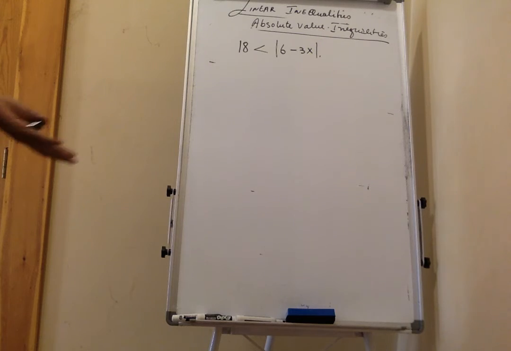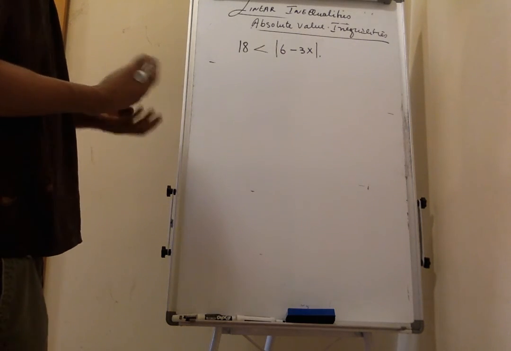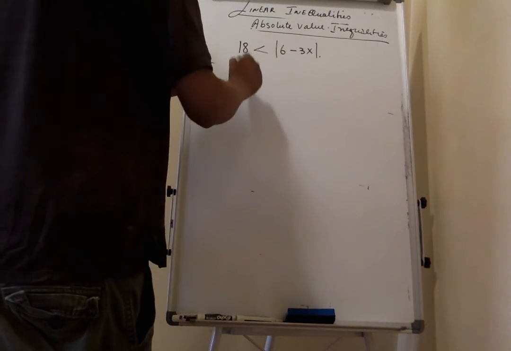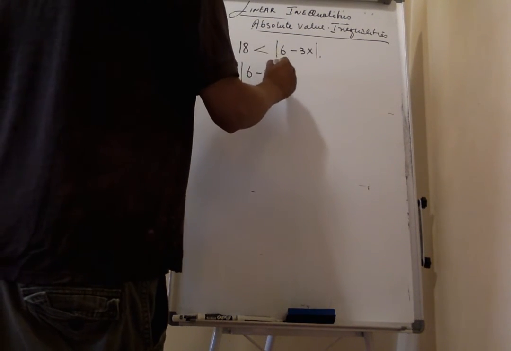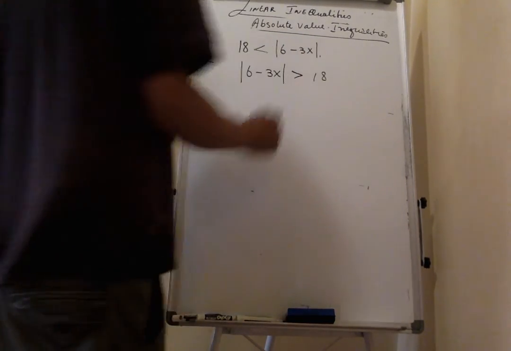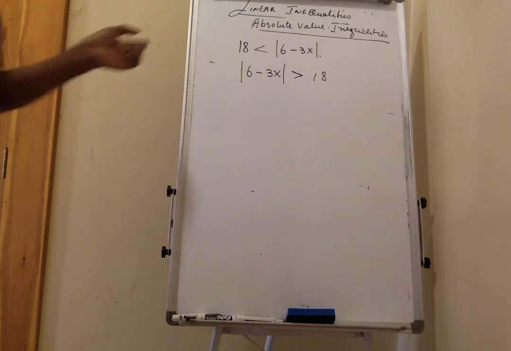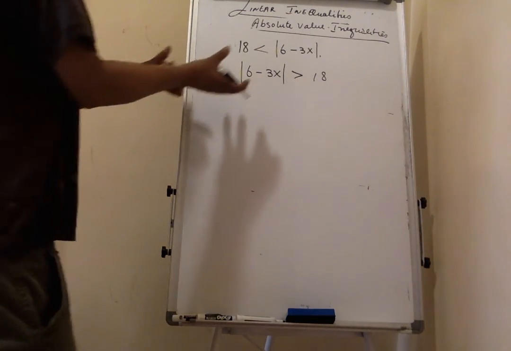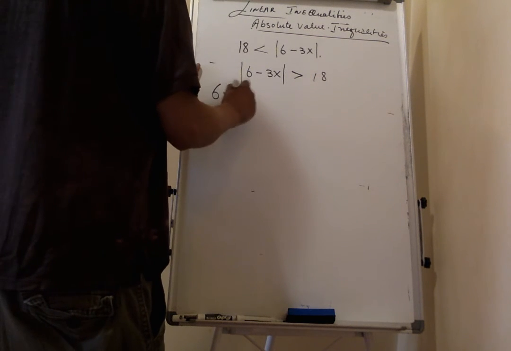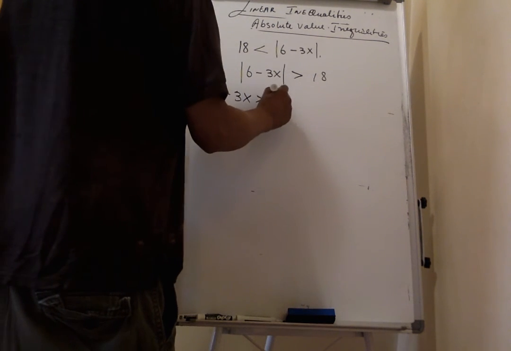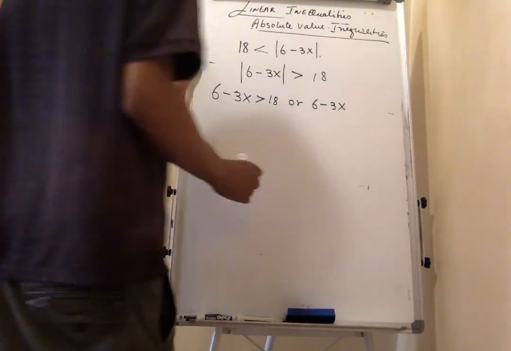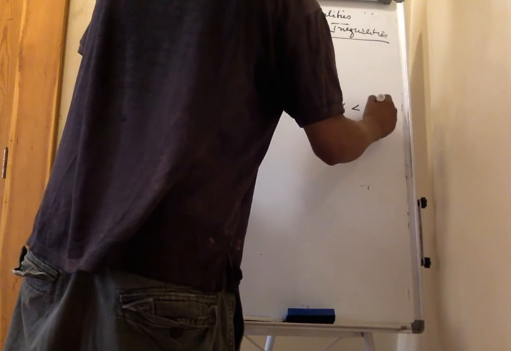Probably it's a good idea to shift it, so this means the absolute value of 6 minus 3x is greater than 18. So I'm going to go ahead and do this. Well, I have to take it out of the absolute value, so this would be 6 minus 3x is greater than 18, or 6 minus 3x is less than negative 18.